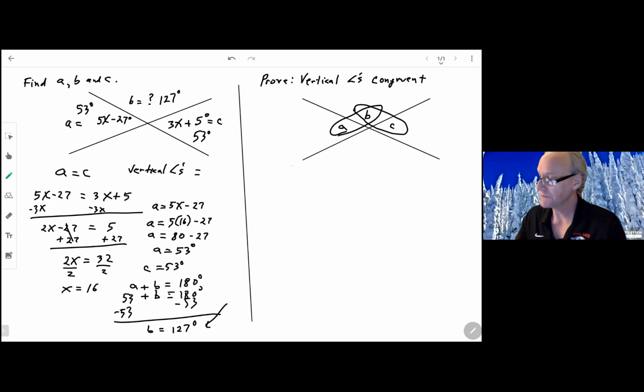So I'm going to start with A and B. I can call them angle A and angle B, even though that's not exactly appropriate, but it's okay. As well as B and C. Are linear pairs.